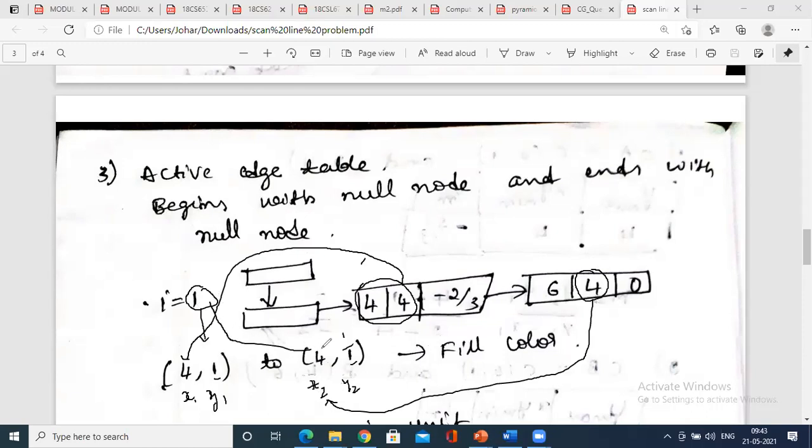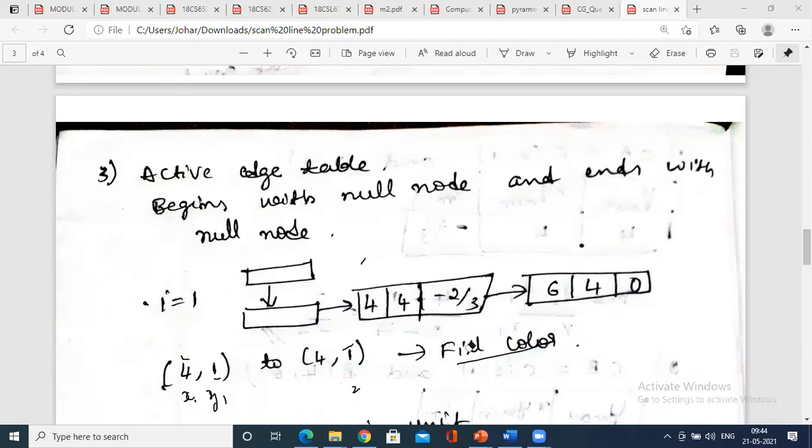Hopefully understood. Right? Now for y equals 1, you have to extract x values from here. That is 4 to 4, fill color at scan line 1. This job is over. Hopefully followed.